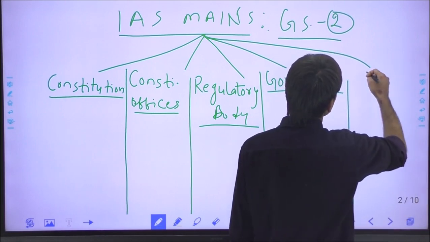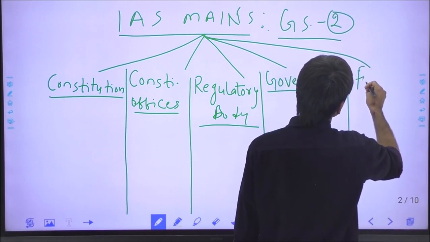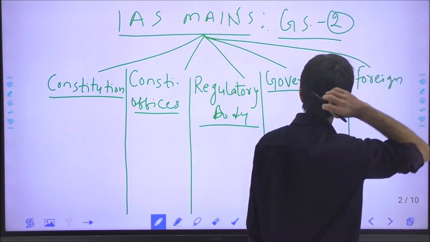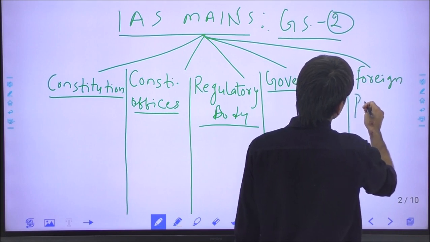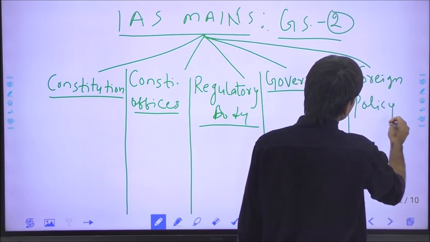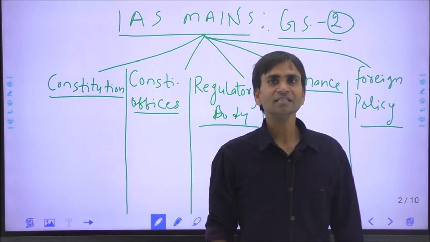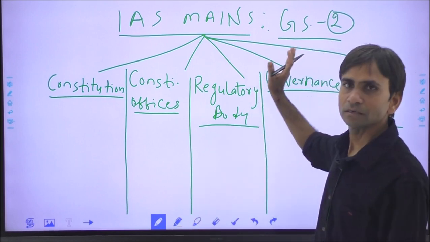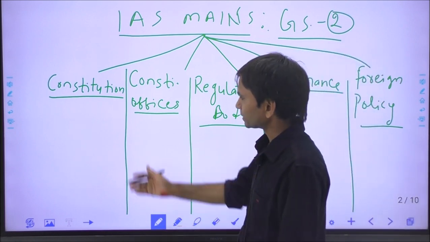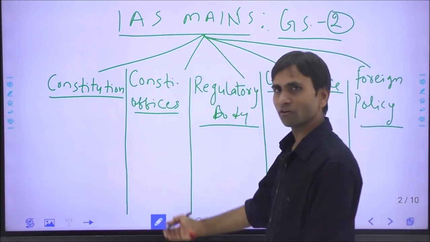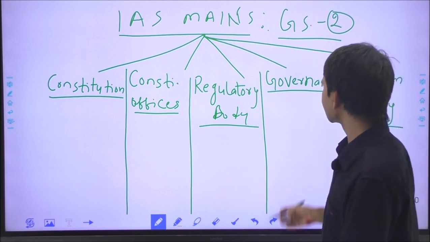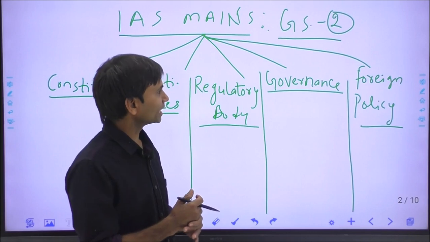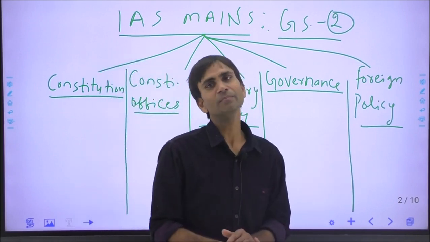So, here I can write this: the foreign policy or foreign relationship of India with neighboring or non-neighboring nations. This is the syllabus of General Studies paper 2. Simply the Constitution, constitutional offices, regulatory bodies, issues related to governance, and lastly the foreign policy.